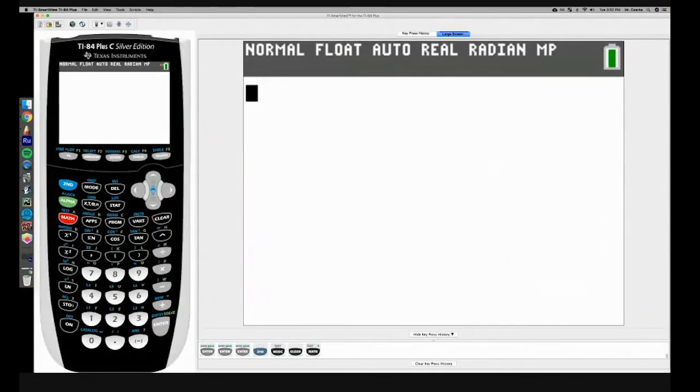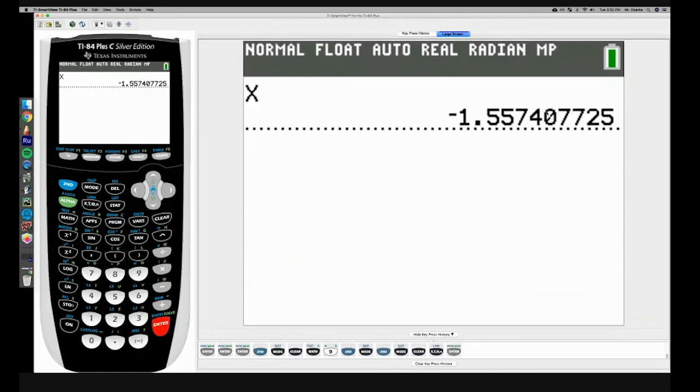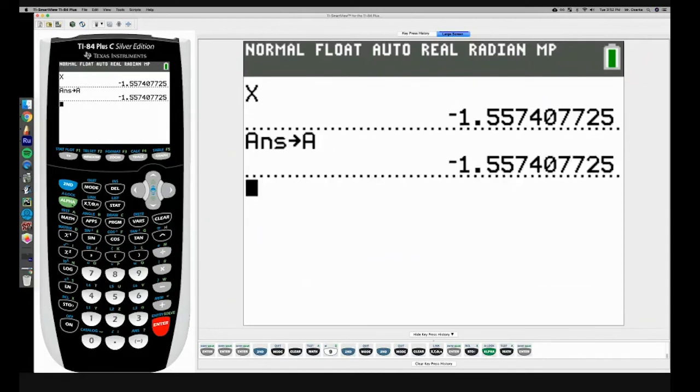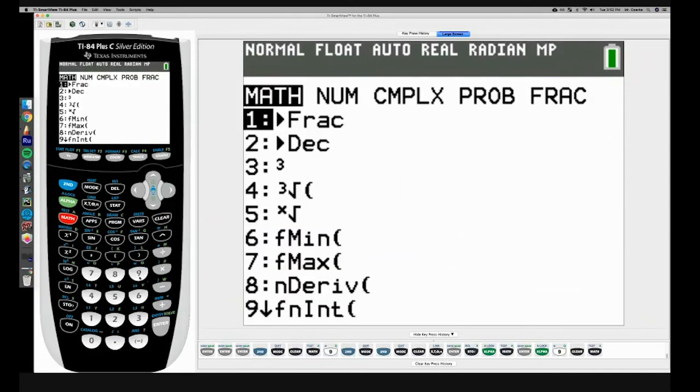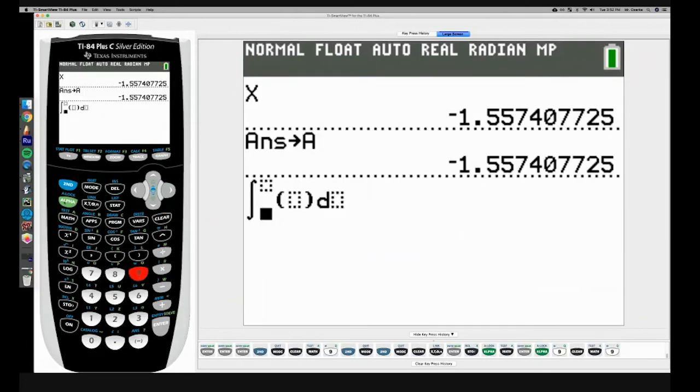Okay, here we go. Math 9. Okay, now one thing is we found that intersection point. So if I hit X, it's already stored in for X, but I'm going to store it in for A here. So that way I can do math 9, and I'm just going to put A here.